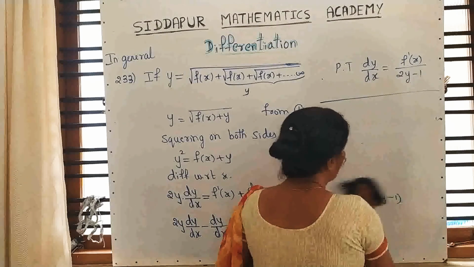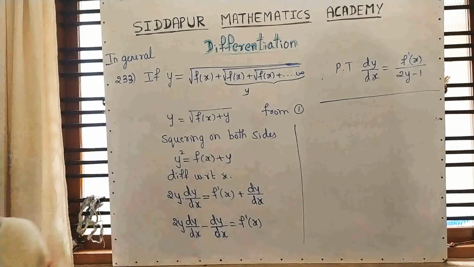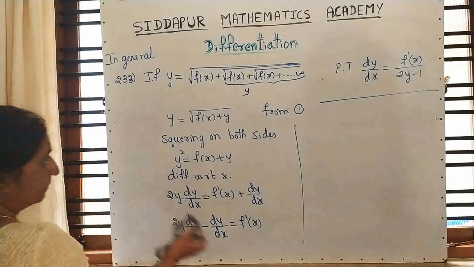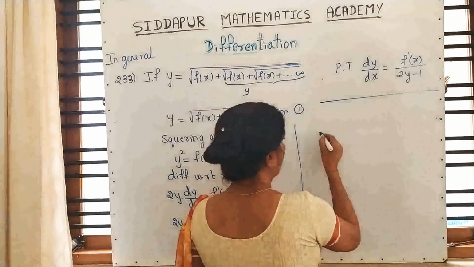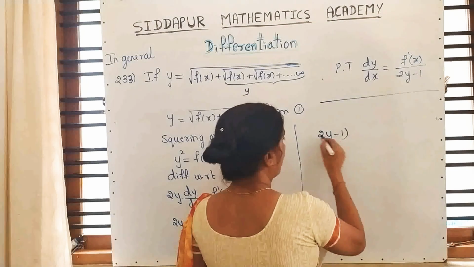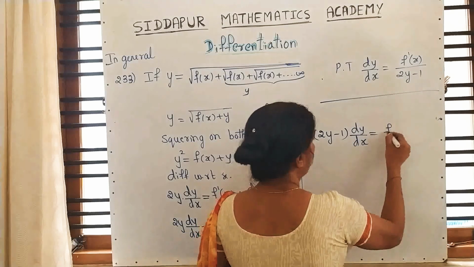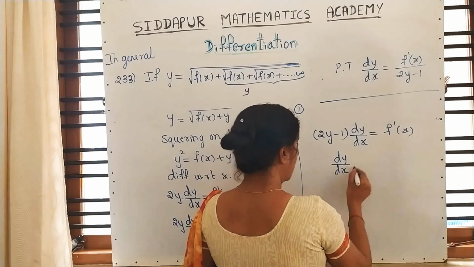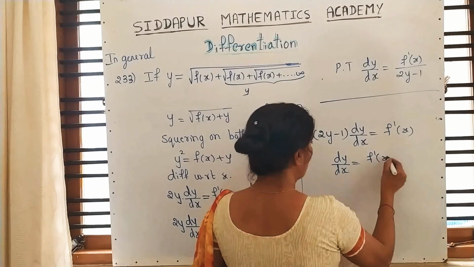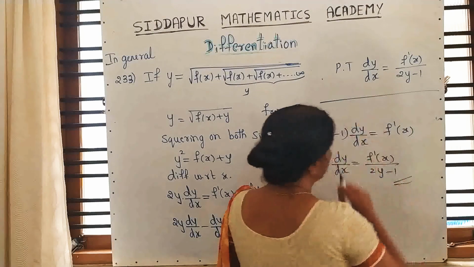What is common? Dy upon dx is common and 2y minus 1 is remaining, is equal to f dash of x. Dy upon dx is equal to f dash of x upon 2y minus 1. See, is it a required answer or what?